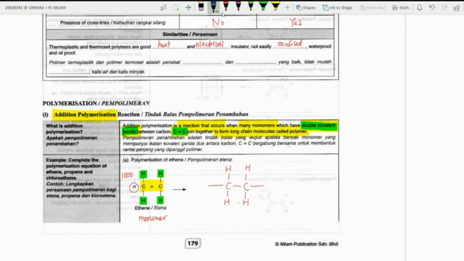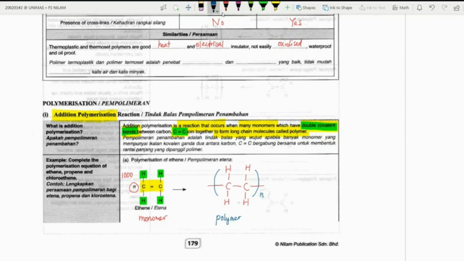Then we put a big bracket like this, then times N. So this one becomes a polymer.